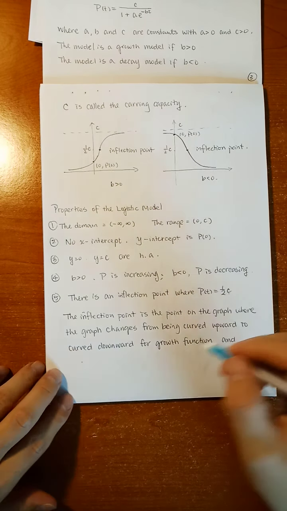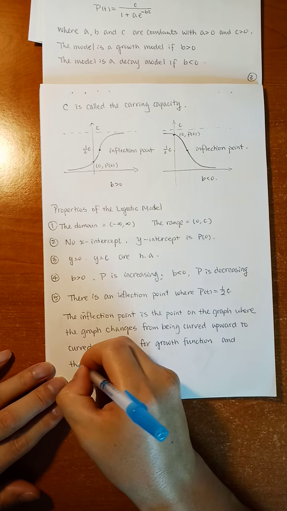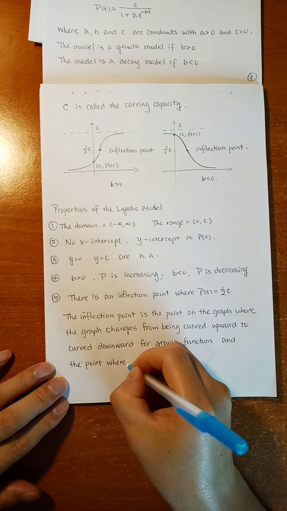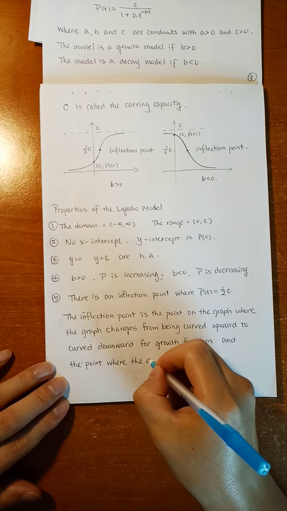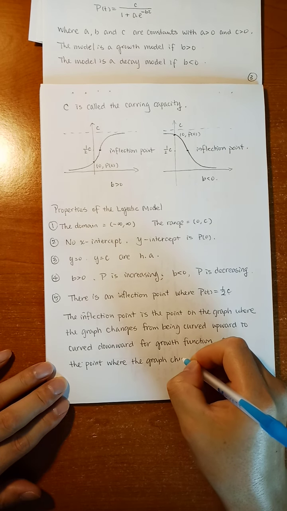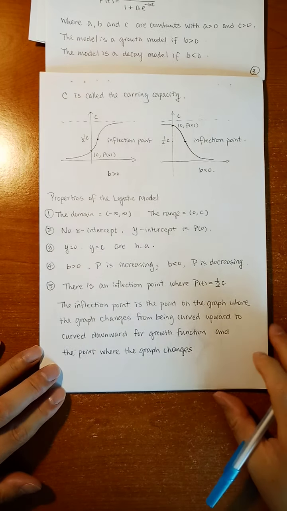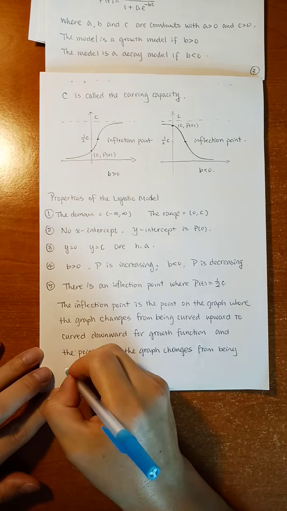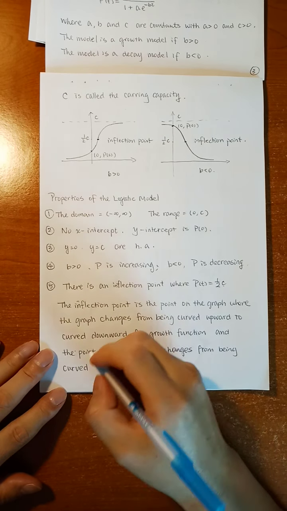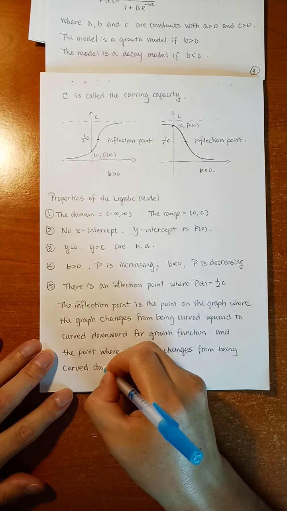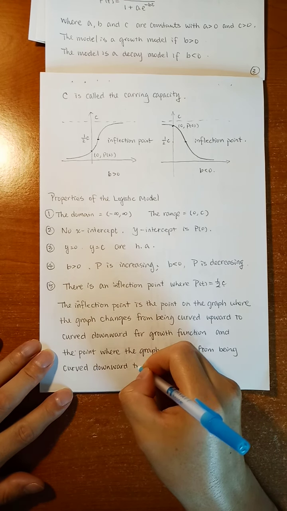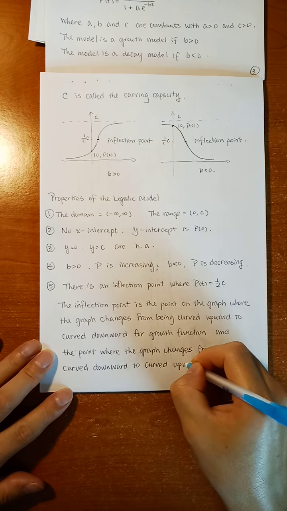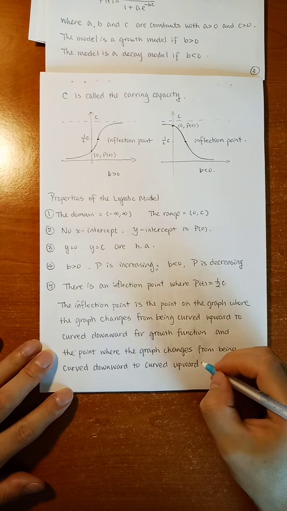And the point where the graph changes from being curved downward to curved upward is for the decay function.